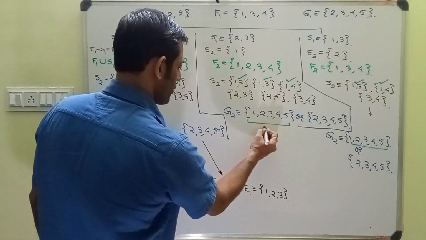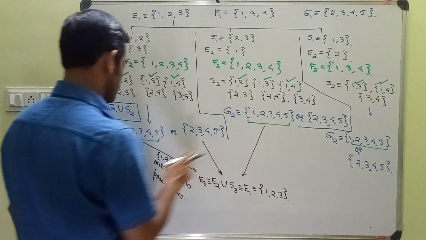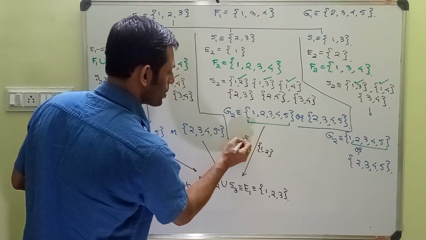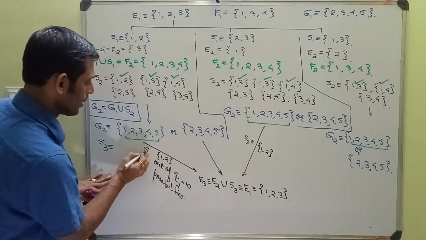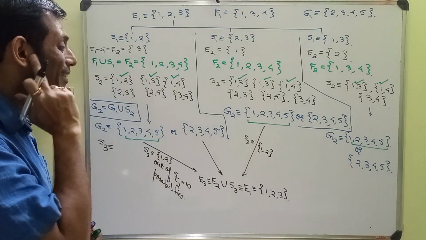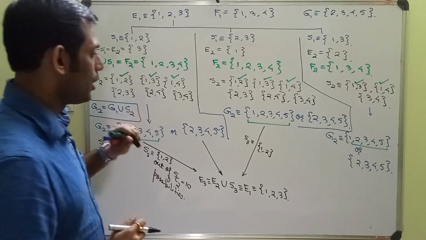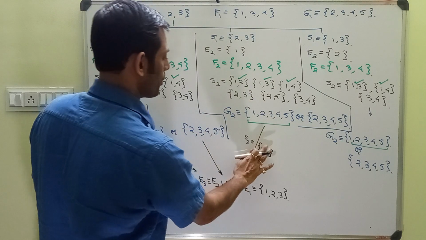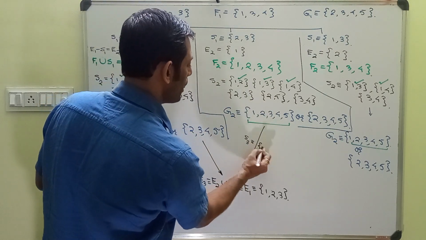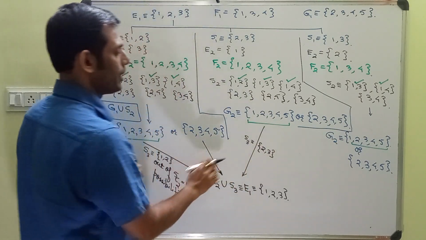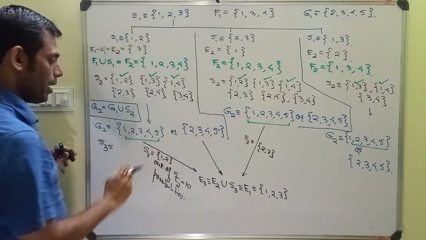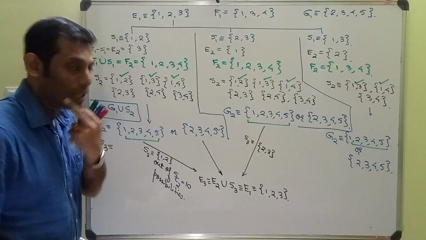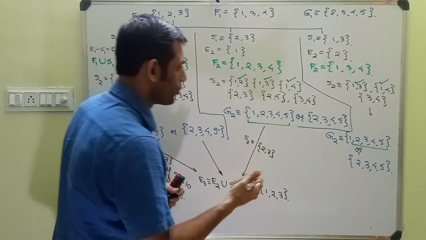Now from this, if I take 1, 2 as S3, then, just a moment, I made a mistake. S3 should have 1, 2, 3, that means this should have 2, 3. So E2 union S3 would produce 1, 2, 3. Any other possibility would not be useful.